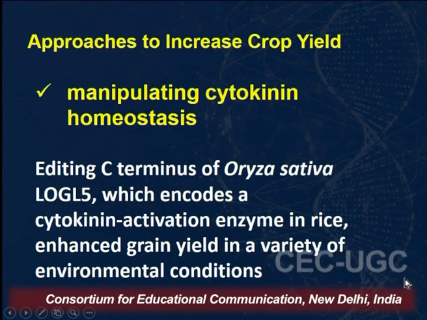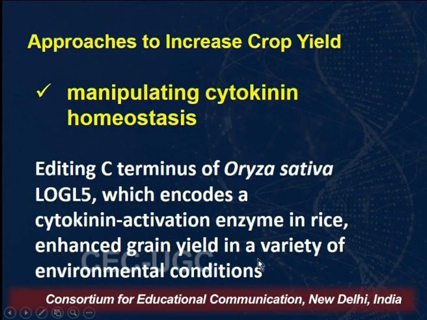So for example, editing the C-terminus of Oryza sativa, which encodes the cytokinin activation enzyme in rice, by using the CRISPR technology has shown enhanced grain yield in a variety of environmental conditions.